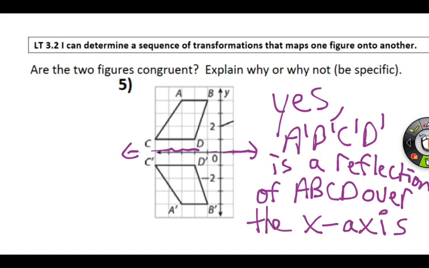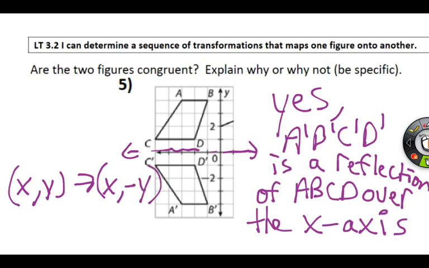So, a pretty good explanation. Or if we were into giving rules, we could say x, y becomes what? If it reflects over the x-axis, then what would change is the y value. So it would be x, y becomes x, negative y. And that would also be a nice explanation.